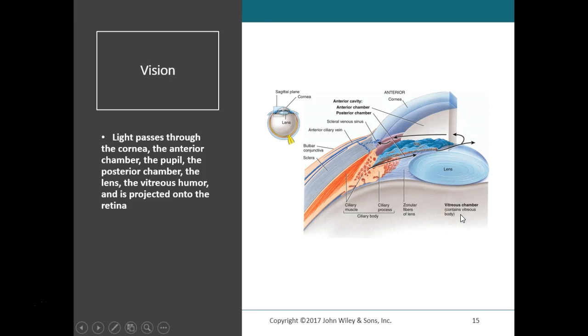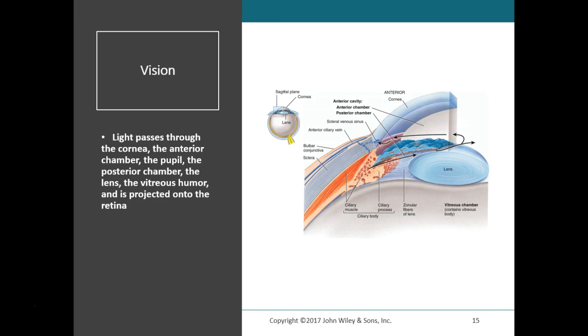That pressure is normally about 16 millimeters of mercury. Now, that's the same measurement that's used to measure blood pressure. Intraocular pressure helps to maintain the shape of the eyeball by basically keeping it filled like a water balloon. It keeps the eyeball from collapsing.